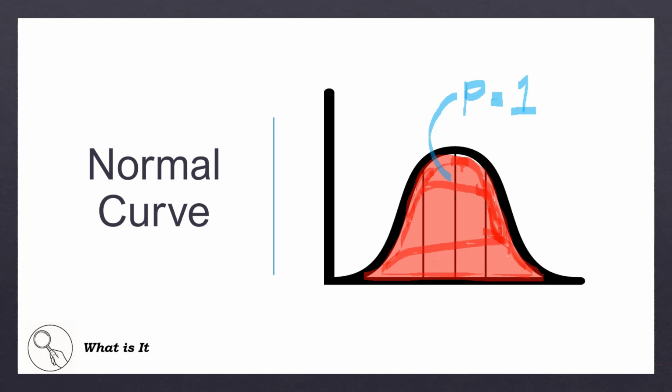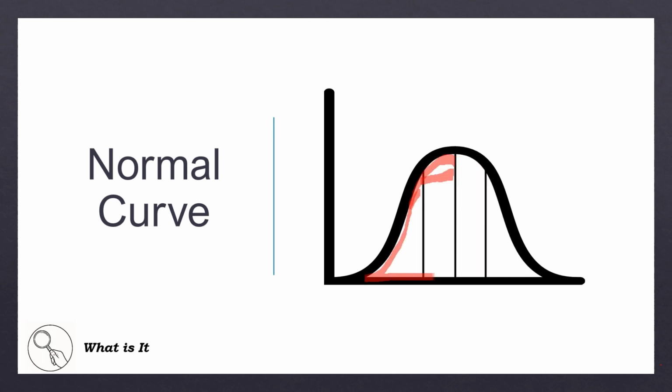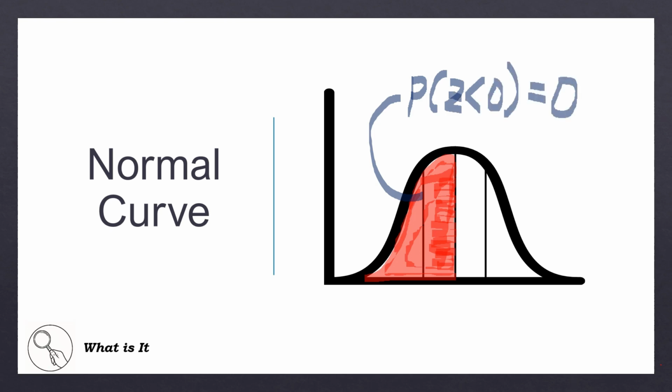If we have to find the probability wherein z is less than 0, then we will shade half of the bell curve that is to the left of z equals 0. Then the probability is equal to 0.5, since the probability of the entire normal curve is equal to 1.